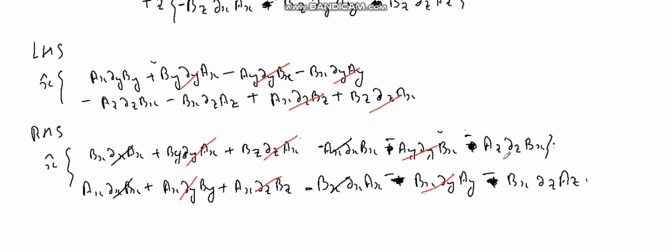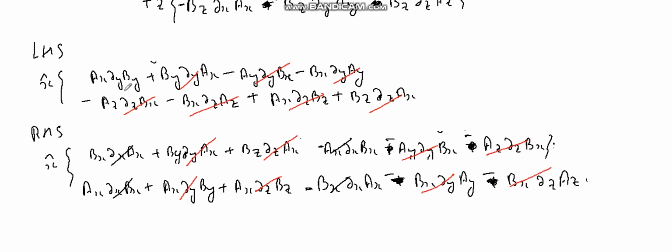Same term. Remember, we are not cancelling out this term, we are just comparing. Yes, these terms are available in LHS as well as the RHS side. Az del z bx, yes, and bx del z ax, yes.